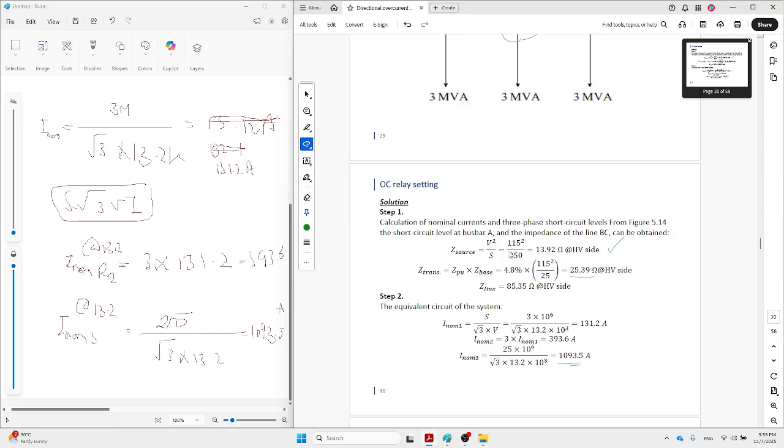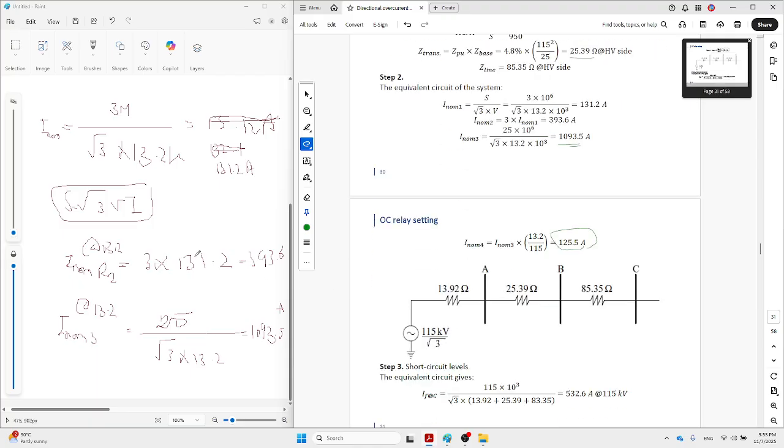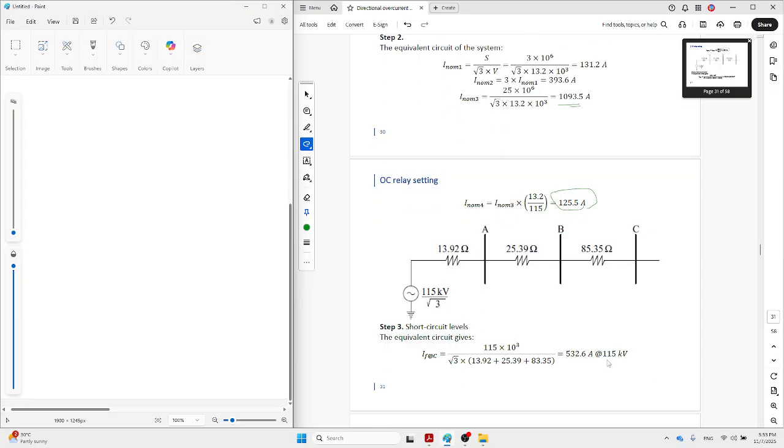Next step is to calculate the fault current for the system. If we redraw the single line diagram of this system, you can see here, since all the values are calculated for 115, you can easily do it for 115.